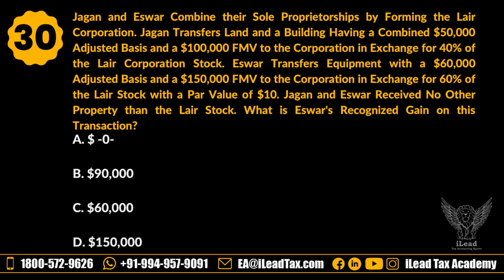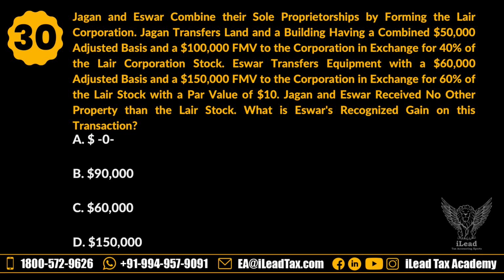Jagan and Ishwar combined their sole proprietorships by forming the Lyre Corporation. Jagan transfers land and building having a combined 50,000 adjusted basis and 100,000 FMV to the corporation in exchange for 40% of the Lyre Corporation stock.